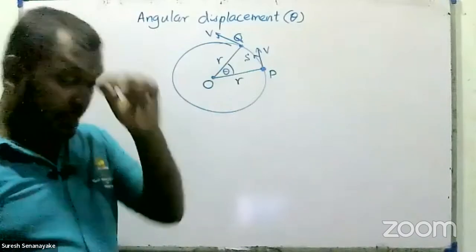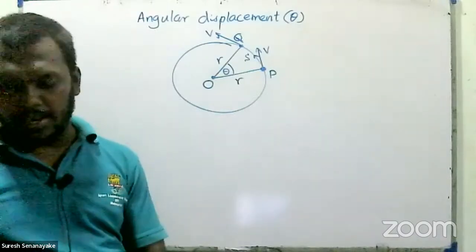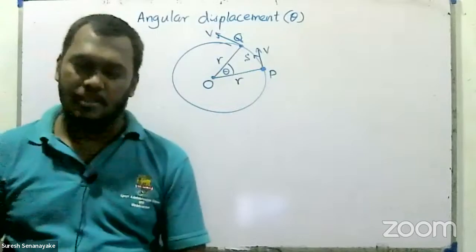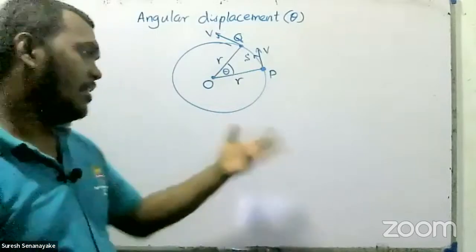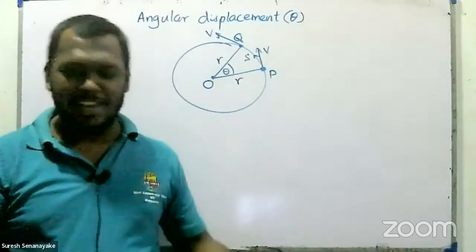To write there, first write the angle. Angular displacement simply means the angle of rotation, the rotating angle.